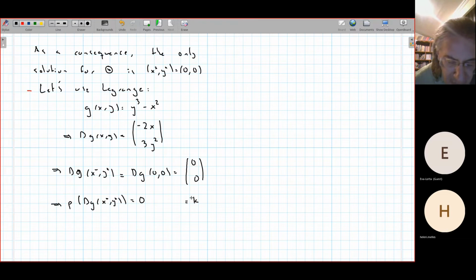Remember, k is the number of equality constraints, which is equal to 1. So it's not true that this condition is satisfied.